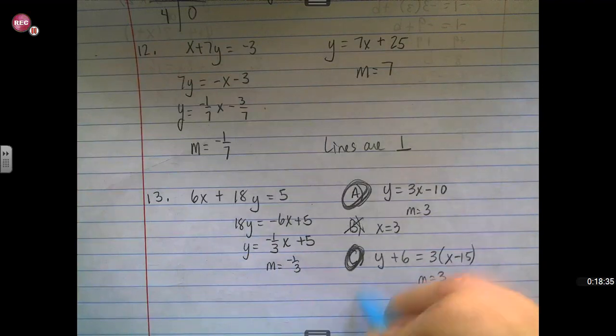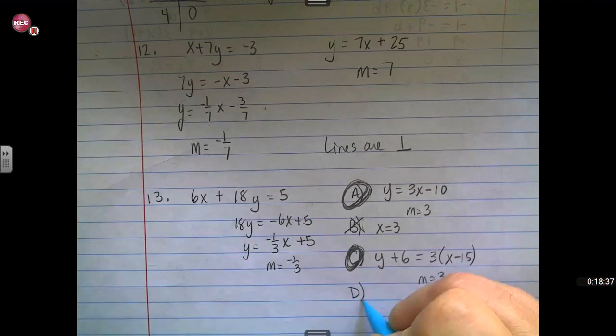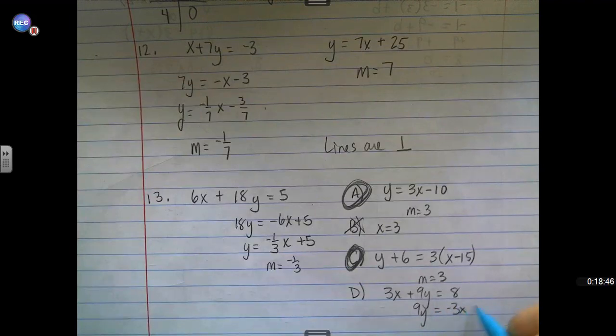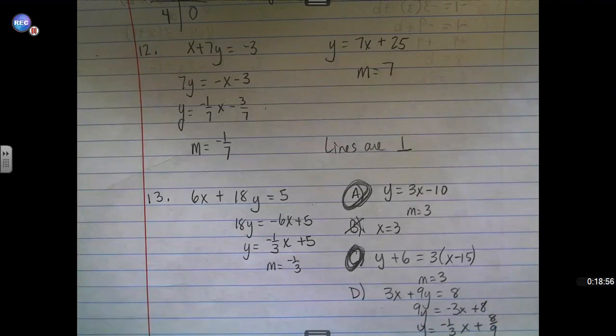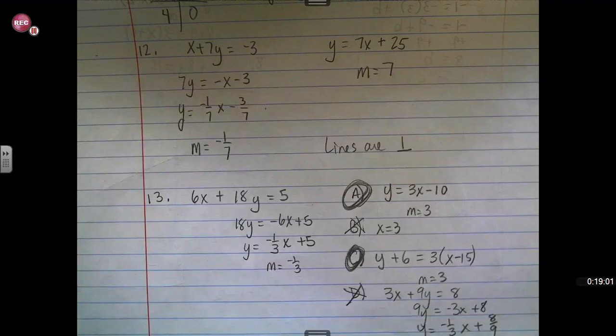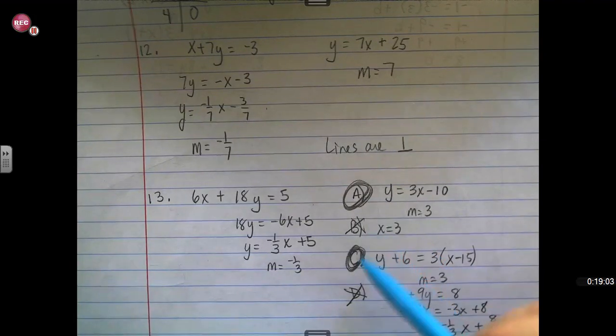And then letter D has 3x plus 9y equals 8. So 9y equals negative 3x plus 8. y equals negative 1/3 x plus 8/9. No, that's the same slope. D doesn't work. My answer is A and C.